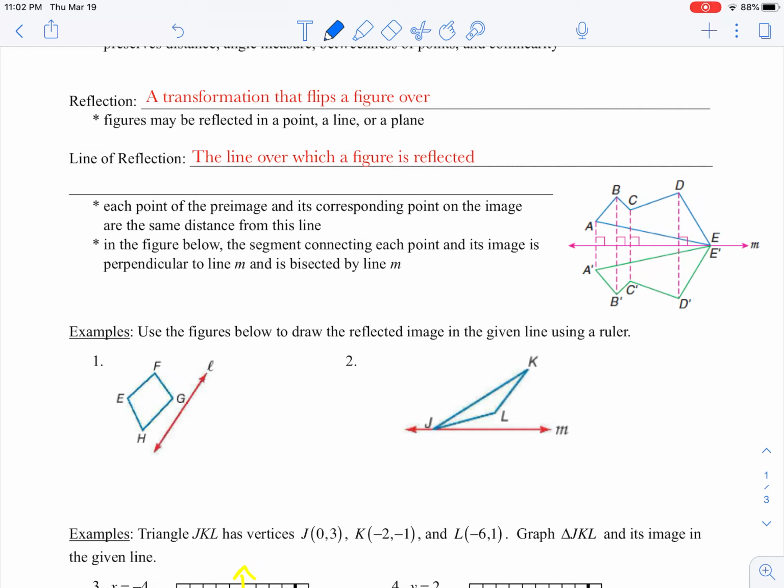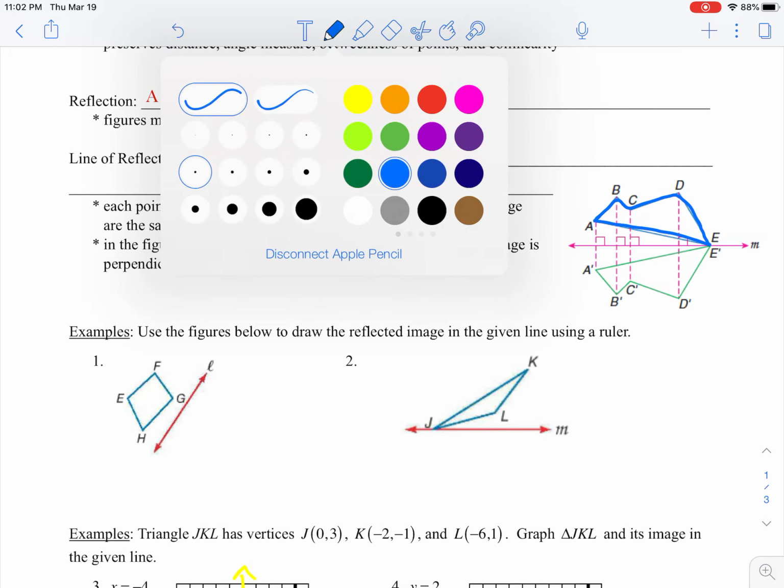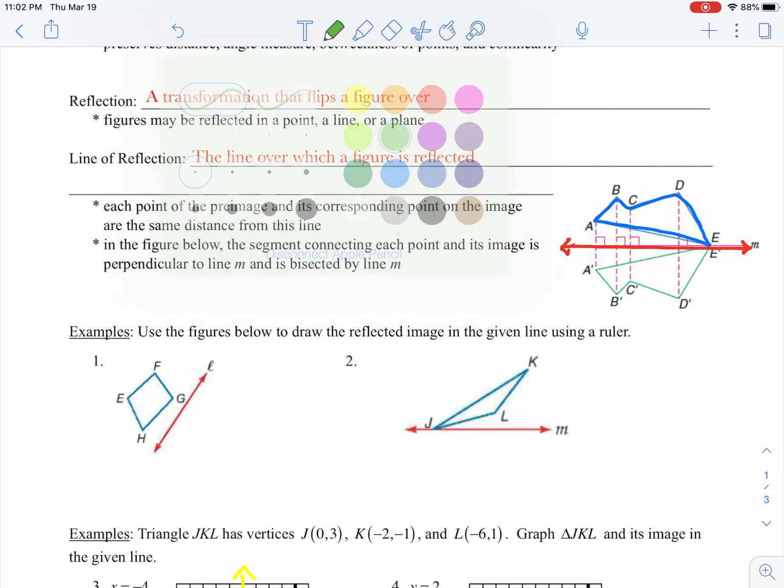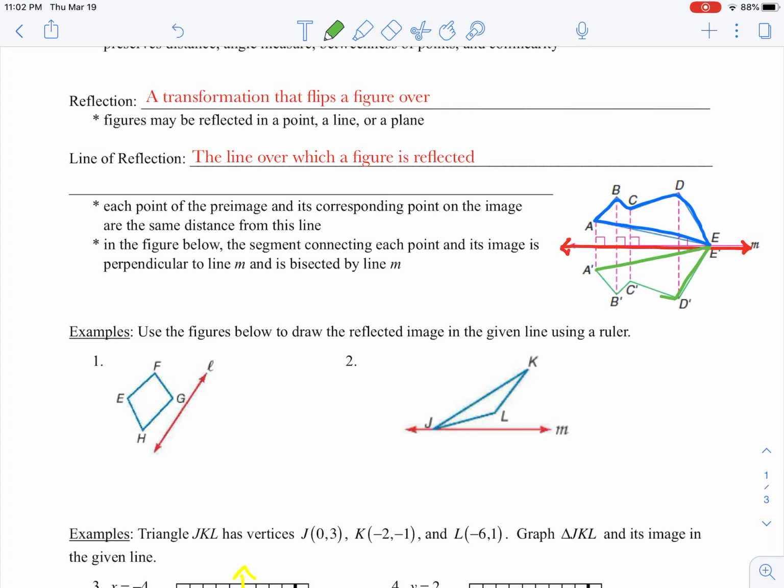The first picture on your notes shows you an example of a reflection. Here they're taking a polygon, ABCDE, shown in blue, and reflecting it over the line of reflection, which has the name line M. The image, what we get after the reflection is performed, is shown in green. I know that this is the image because of the markings of the letters.